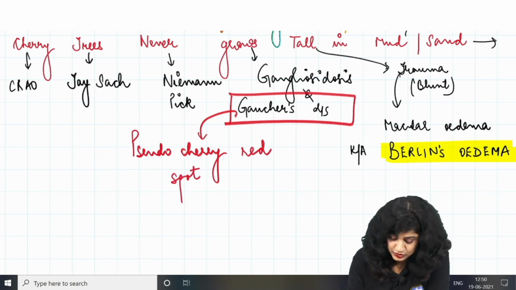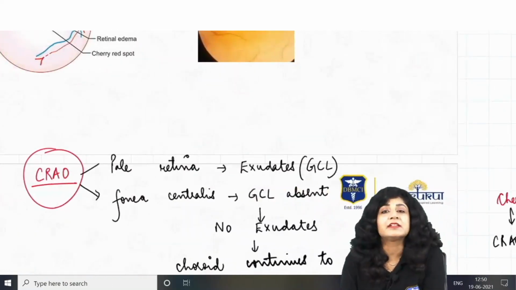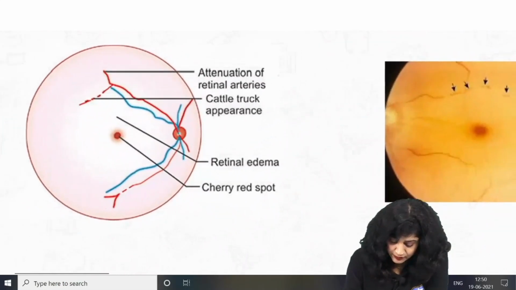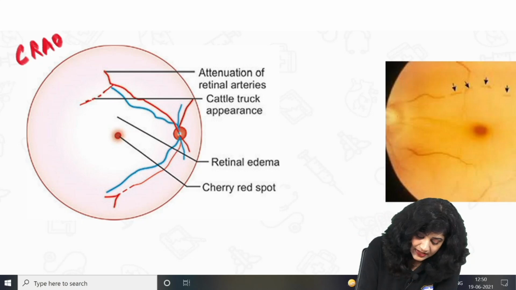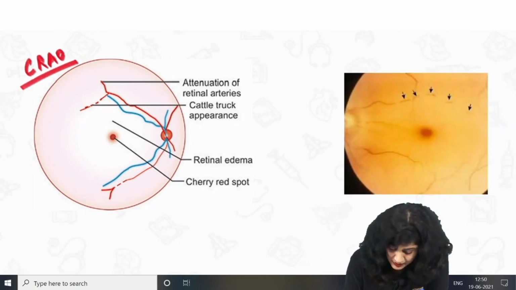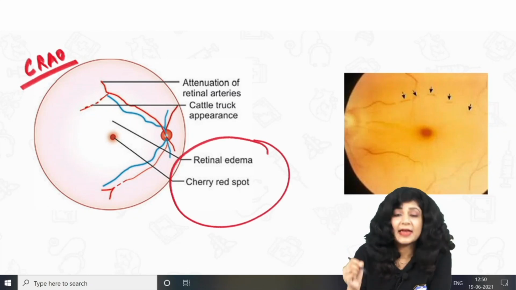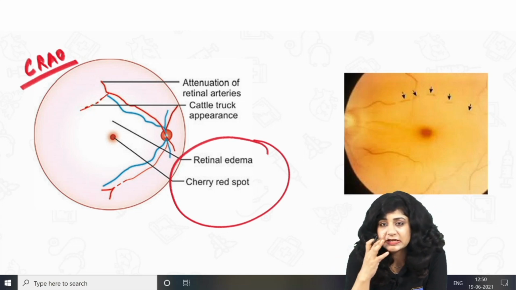Now, concentrating on this question where we have CRAO, central retinal arteriolar occlusion: I told you that you will have the pale retina, you will have edema, and at the place of the fovea you will have that cherry red spot.